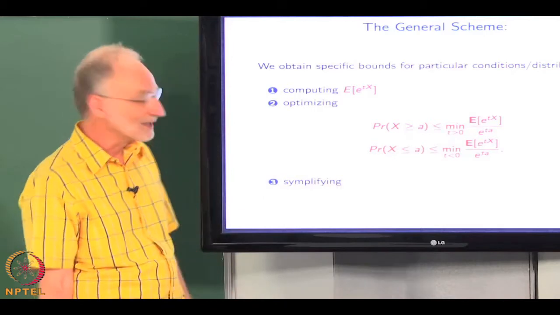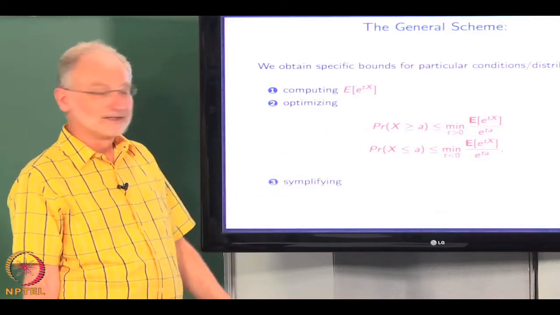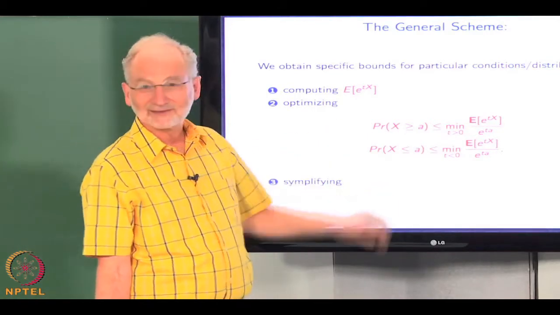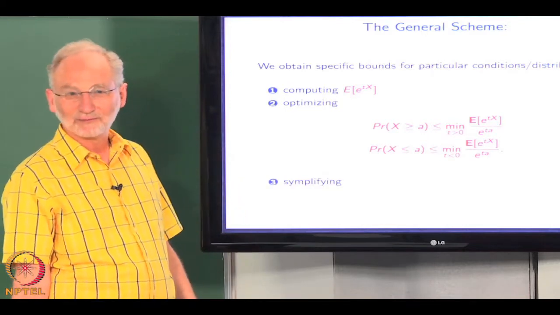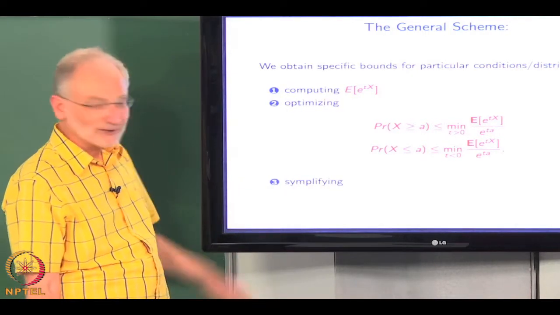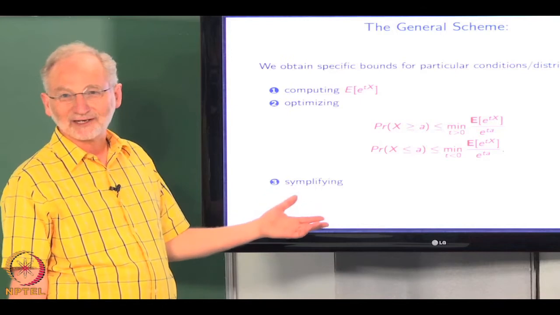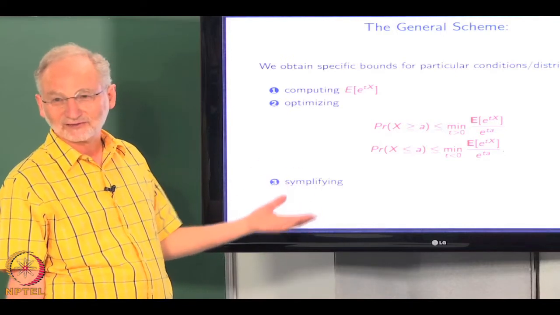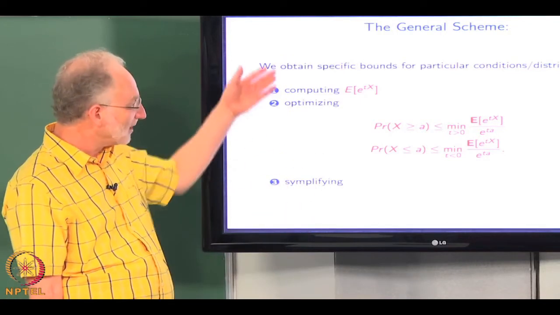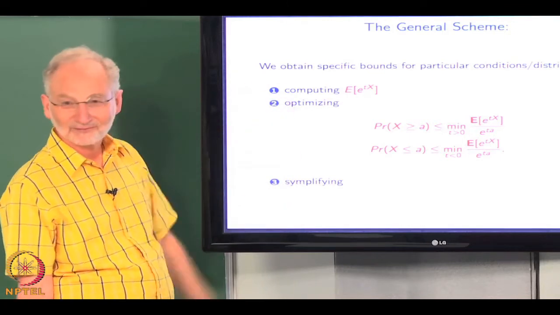That will be the second step. Now this often gives us hard to remember bounds, so the third step is usually simplifying to something that is easy to work with. All the bounds will have this structure.